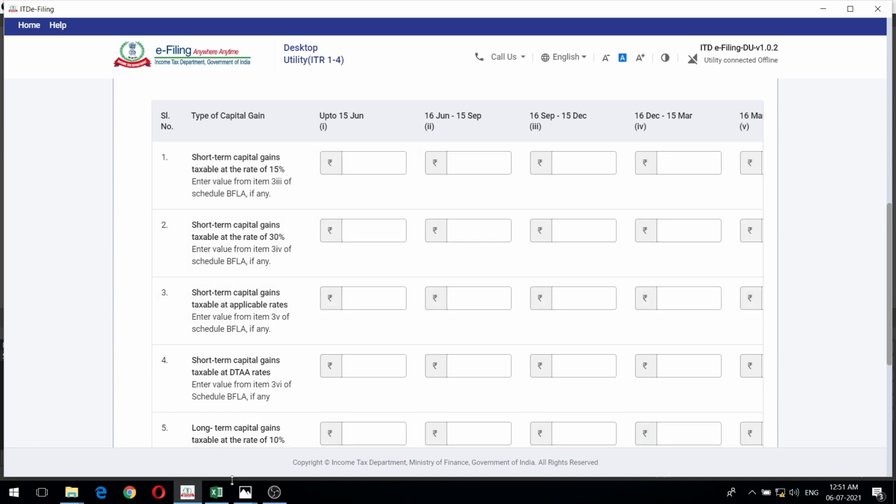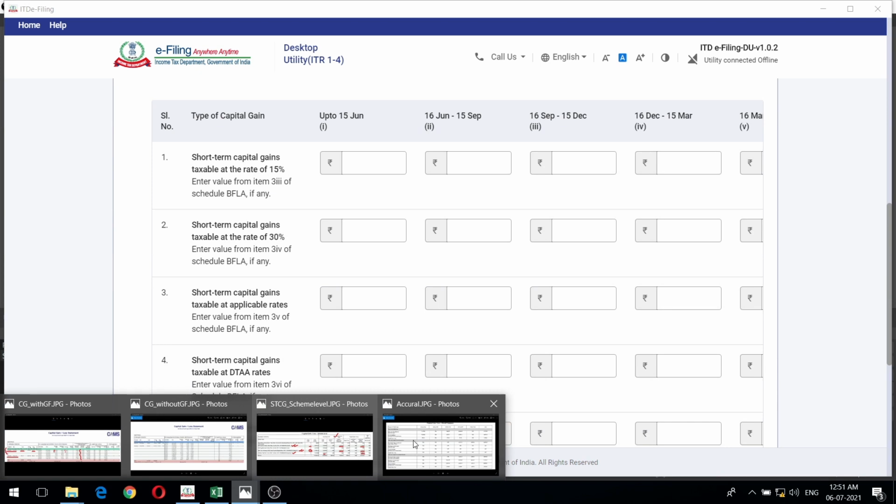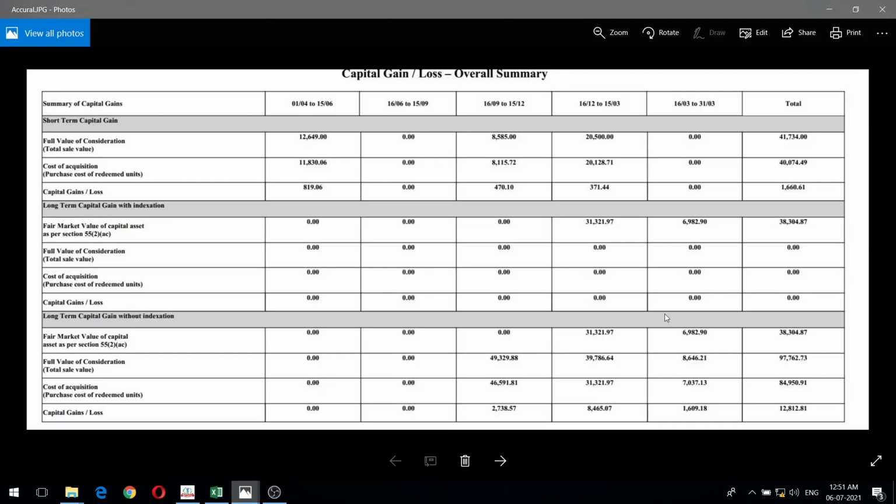For that you can take help of one more section in our capital gain statement, that is the capital gain and loss overall summary. Here you can easily find this, the first section, short-term capital gains.